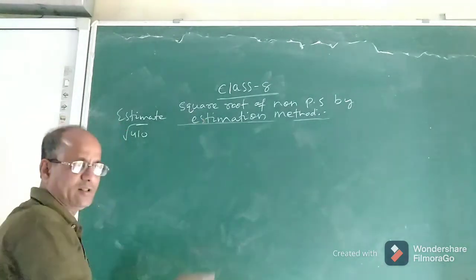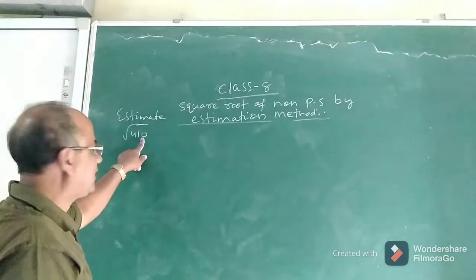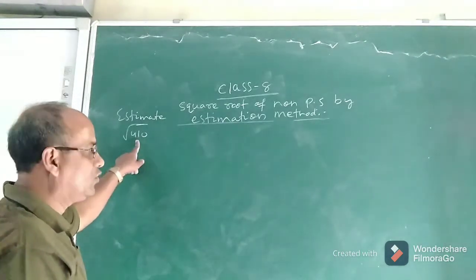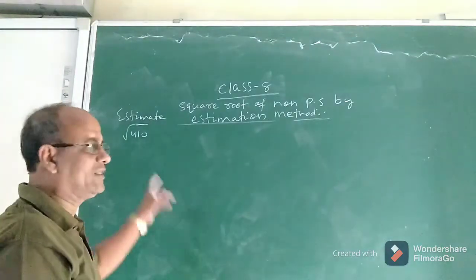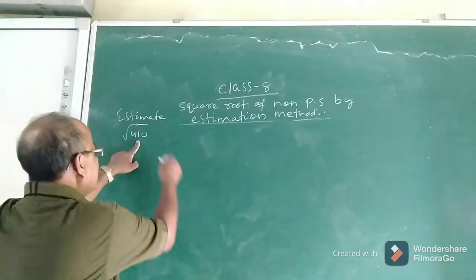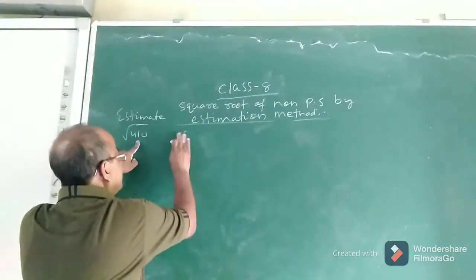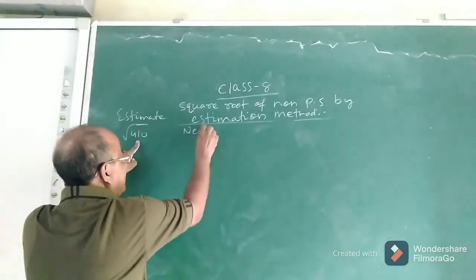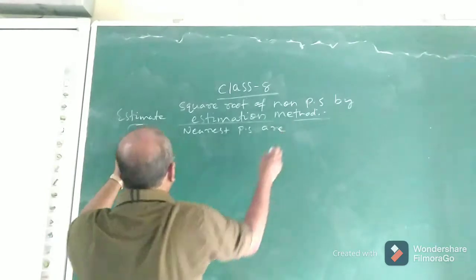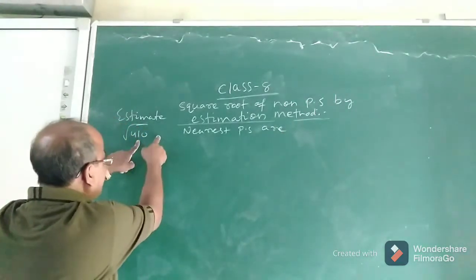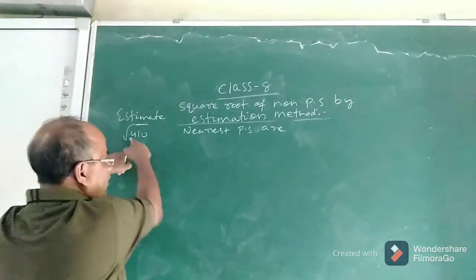As I told you in the previous class, what is the first step? You find the two nearest perfect squares of 410. Nearest means one more than 410 and one less than 410.